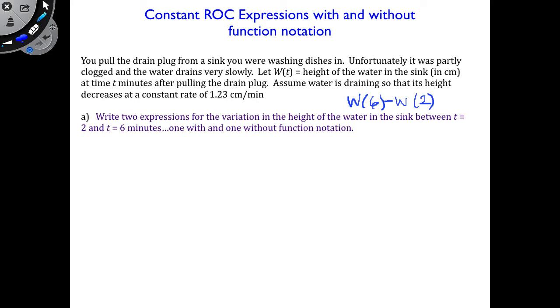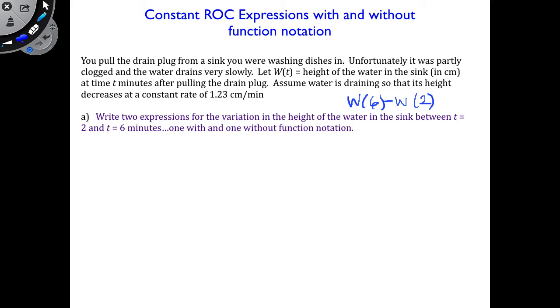But since there's a constant rate of change, we have another way that we can write this as well. What was the other way that we could express or compute how much the water drops during those 4 minutes, since we know there's a constant rate of decrease?